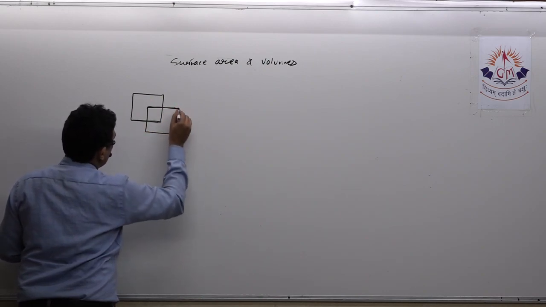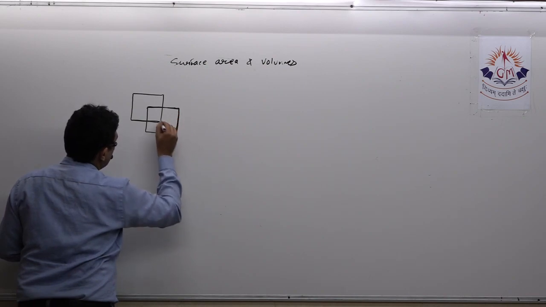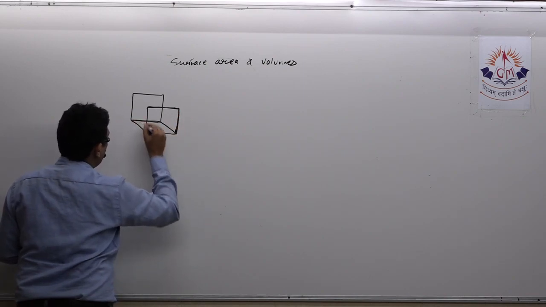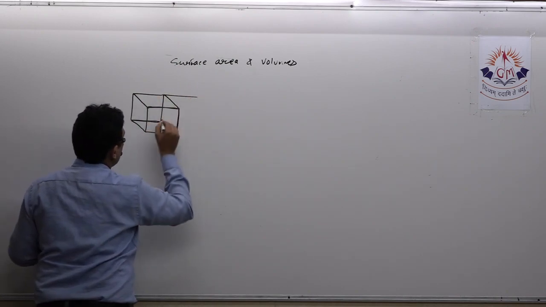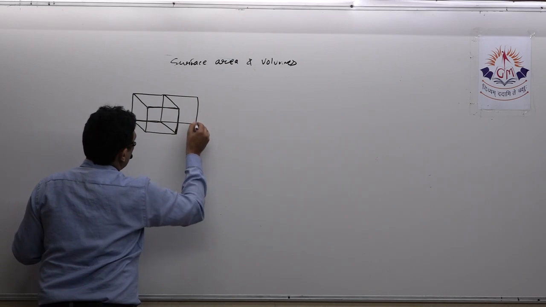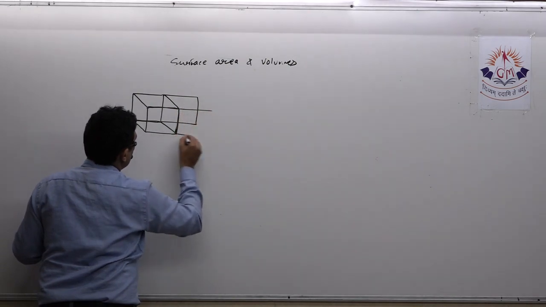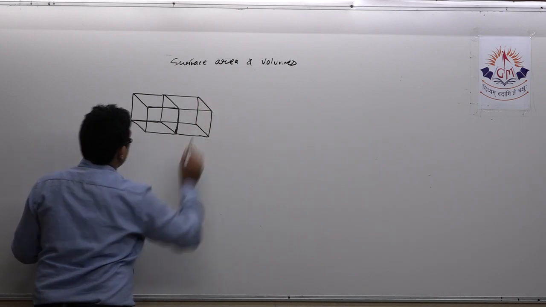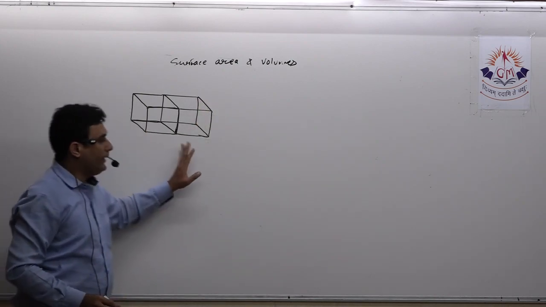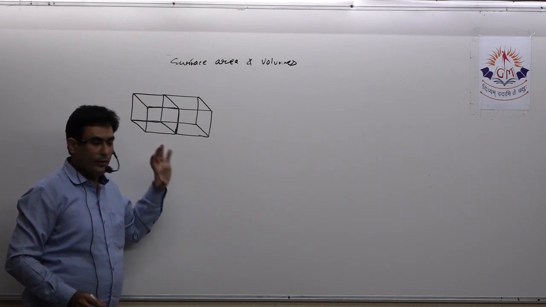These two cubes are joined end to end, and you have to find the total surface area of the cuboid so formed.